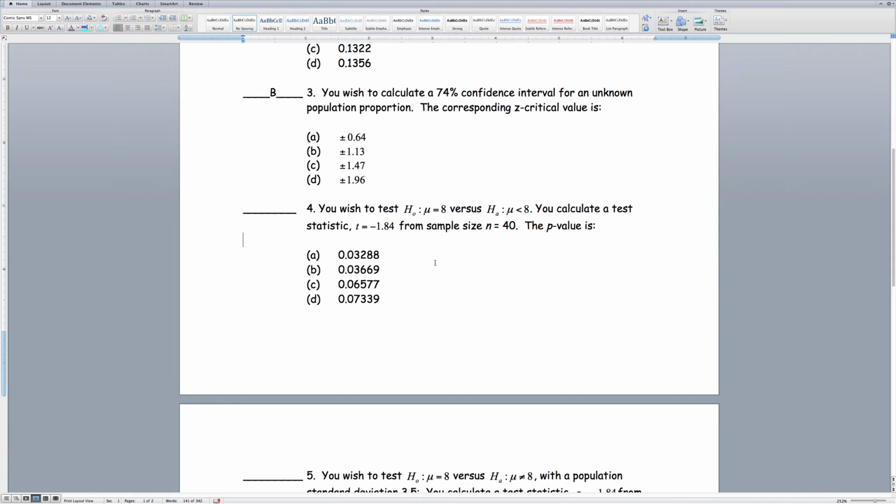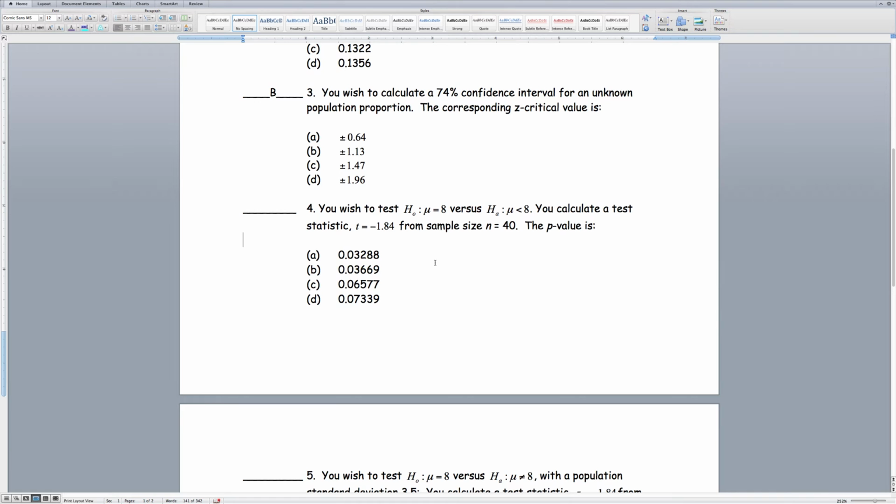So I'm going to go ahead and write this down on the iPad because I'm going to do all the calculations over there. So our t value is negative 1.84, and our sample size is equal to 40.